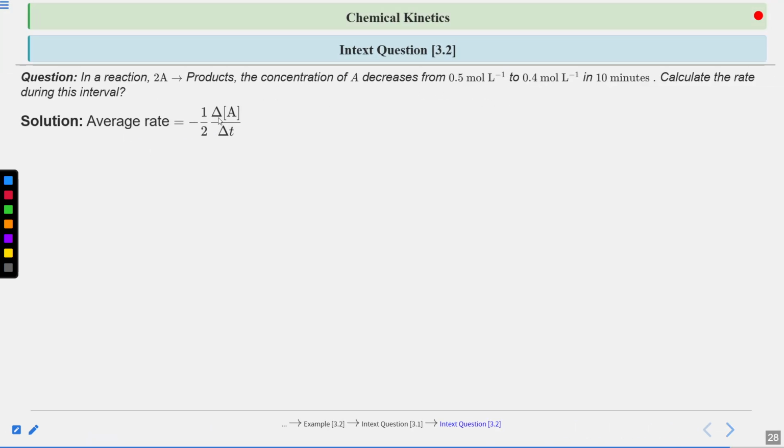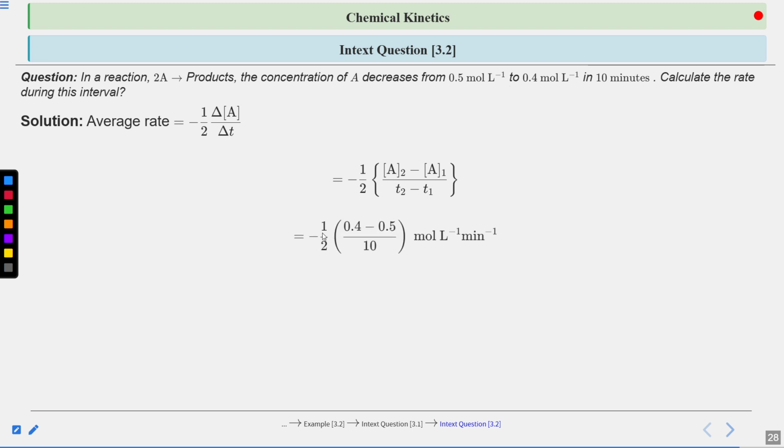So average rate, as you know, is defined in terms of reactant as minus of, in the denominator, the stoichiometric coefficient, which is 2 in this case. So minus half multiplied by change in concentration of reactant divided by change in time. We know the change in concentration, which is A2 minus A1, divided by change in time T2 minus T1. We have been given both the concentrations at 2 times.